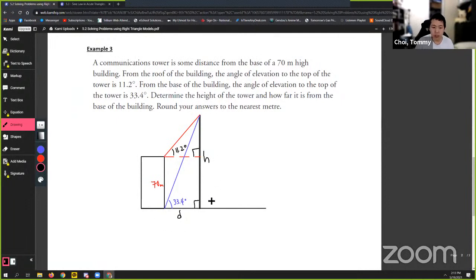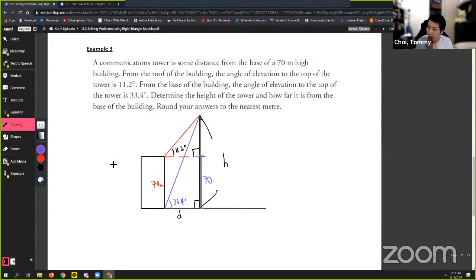So with D and H here, we can then try to figure out what the triangles are that we're trying to work with here, right? Well, the main thing we have to realize is that this whole section is H, right? However, this part here is 70, right?